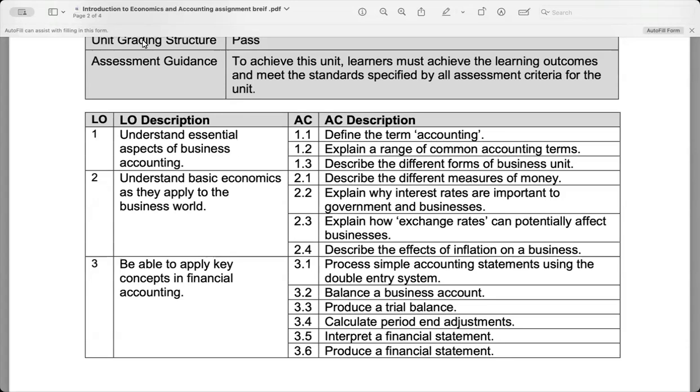A major part of this session involved calculating period-end adjustments, which helped us understand the importance of recognizing revenue and expenses in the correct accounting period.